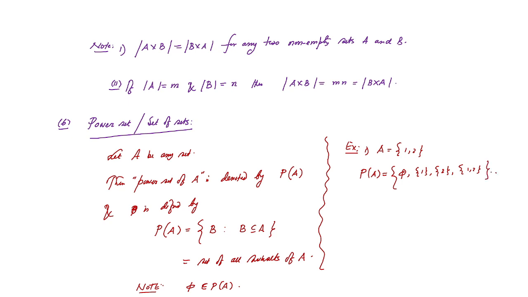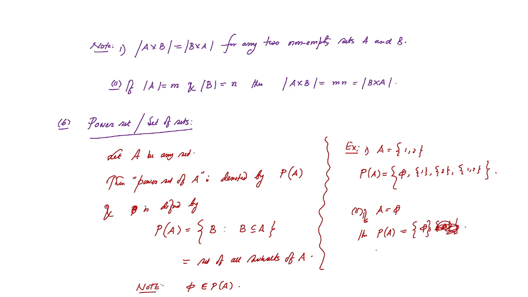This is the power set of A. And if A equals phi, that means the empty set, then what will be the power set of A? The power set of A must contain phi, that is the set {phi} itself.